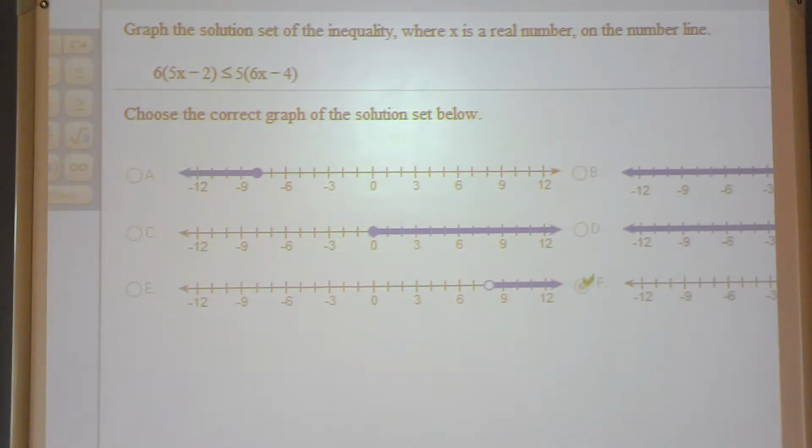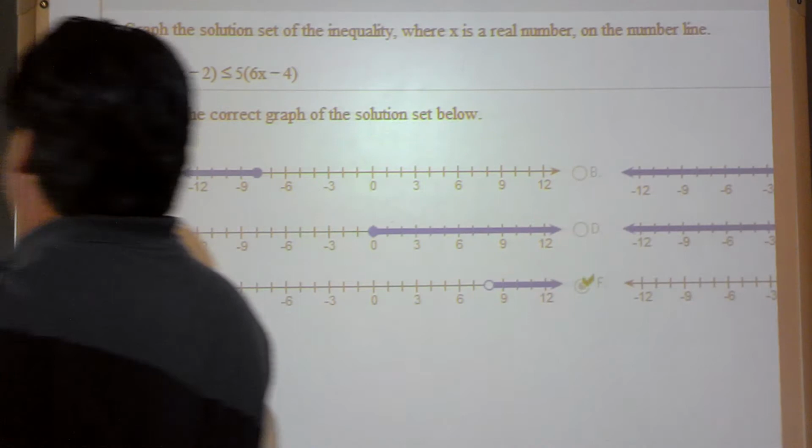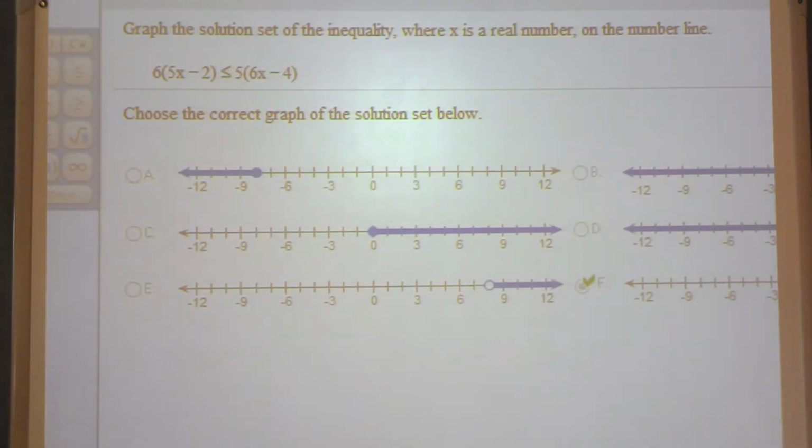I'll write it over here on the board. If you have these two, open circle and parentheses. If you have these two, it's closed circle, not a dot, closed circle or brackets. Infinity always gets what?